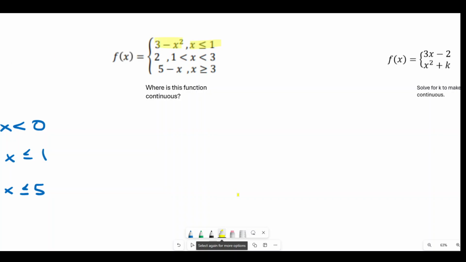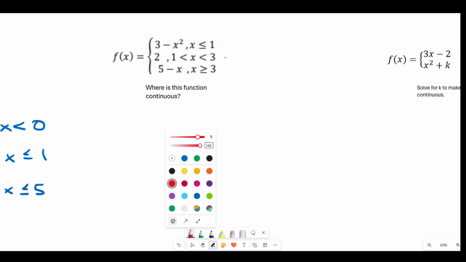And that function rule is just a lovely quadratic, which would be continuous everywhere. So we know that we don't have to worry about any continuity issues before 1. But we do have to worry about what happens at 1, because we have a function rule that changes at 1. So I need whatever's happening on this function to end where this function begins.